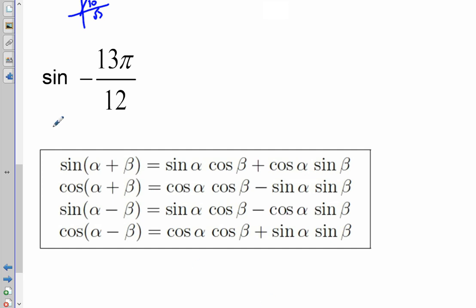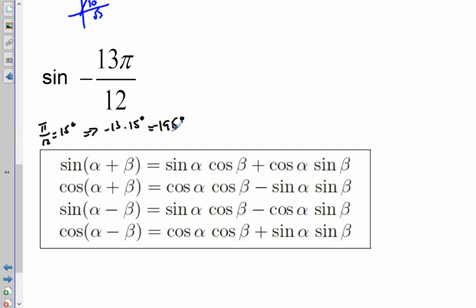What I would do with this one is, once again, pi over 12 is 15 degrees. So I would take that and multiply negative 13 times 15 degrees. 15 times 13 is going to be 195, so negative 195 degrees.